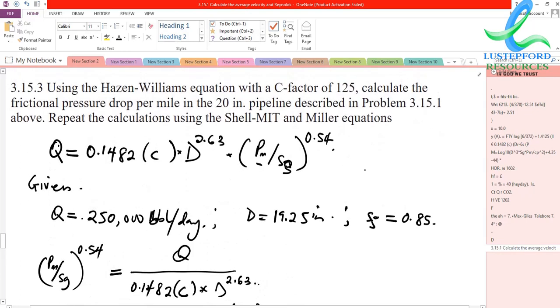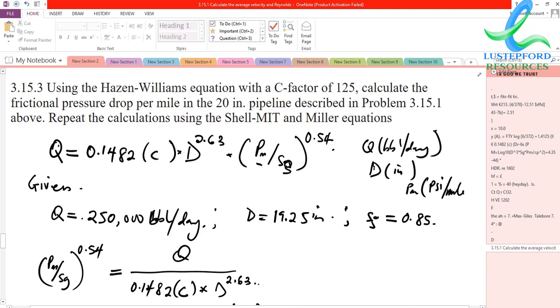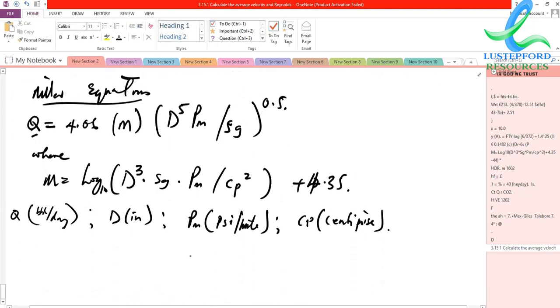So the flow rate here is also in barrel per day. The internal diameter is in inches. The PM is in psi per mile. So that is the equation.